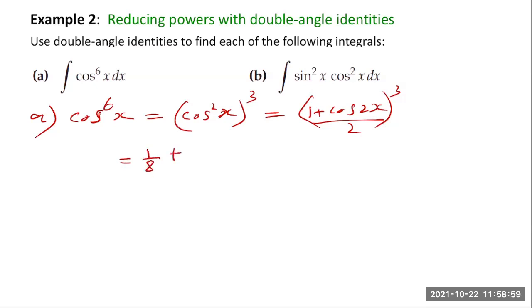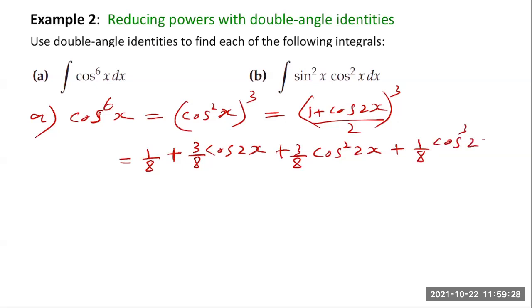You should get this expression if you simplify it correctly: 1/8 plus 3/8 times cosine 2x plus 3/8 times cosine squared 2x plus 1/8 times cosine cubed 2x. That's what you get if you expand this expression.